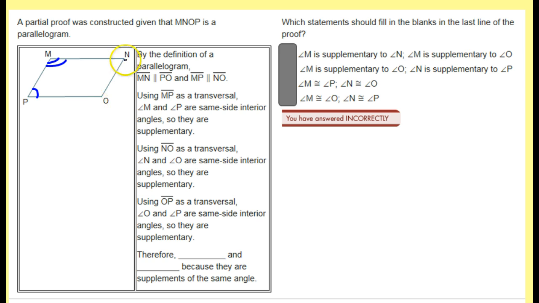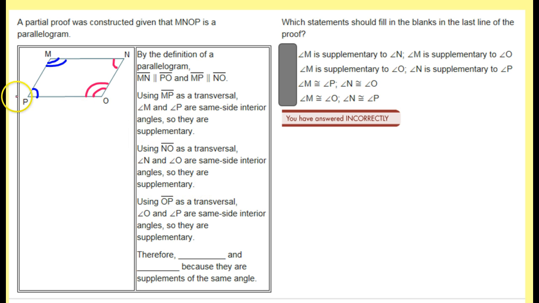Using NO as a transversal, angle N and angle O are same side interior angles. Yeah, that makes sense. So they are supplementary. So like this and this have got to add up to 180.